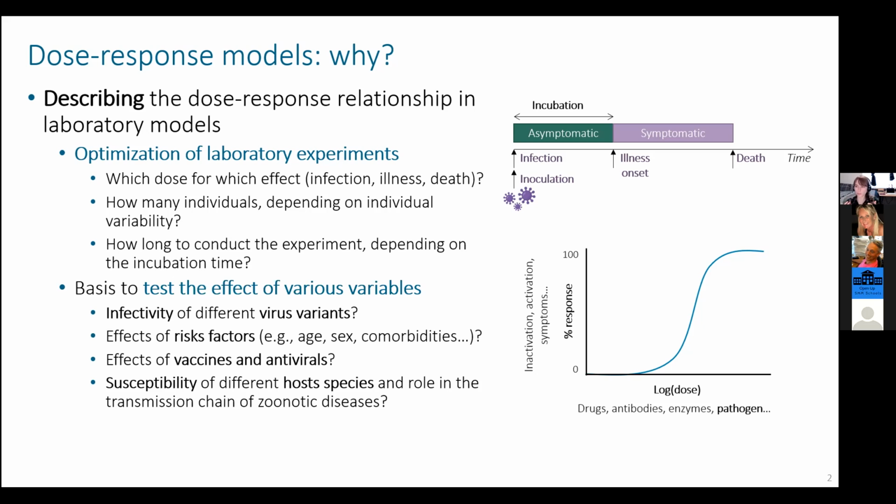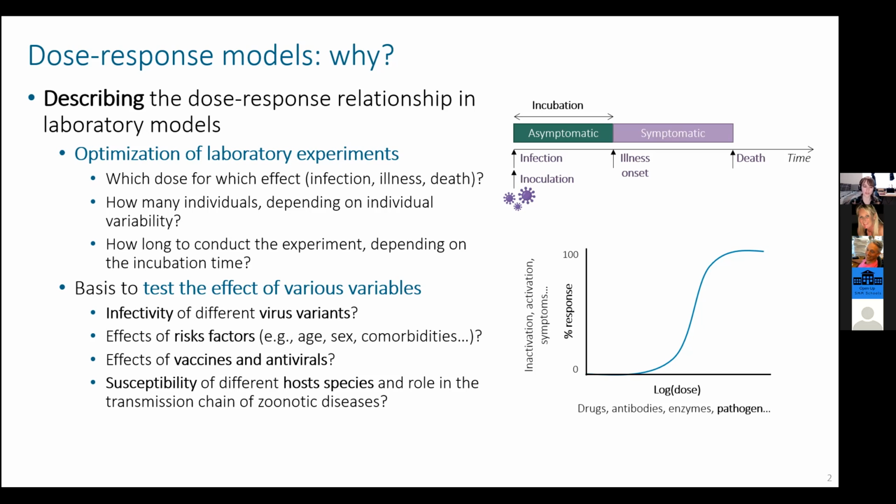Describing the dose-response relationship in one system is also the basis to test lots of effects that can have really important biological implications. You can compare the infectivity of different variants, for instance, if we're thinking about the emerging variants of SARS-CoV-2. Does this dose-response relationship switch to a higher or lower infectivity of the variant?